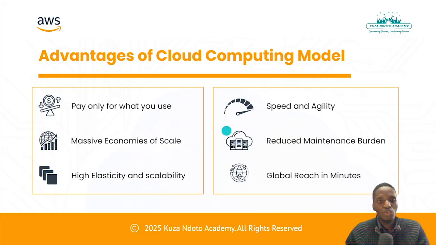If you wanted to launch an app for users in, let's say, Europe, Asia, South America, or even Africa, in the traditional model, you'd need contracts with data centers in each region. Today, with just a few clicks, you can deploy your application across multiple continents, right? And that happens instantly. That means fast performance for your users anywhere in the world.